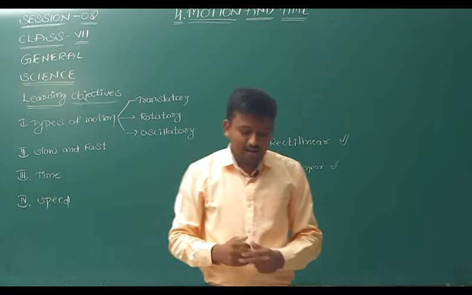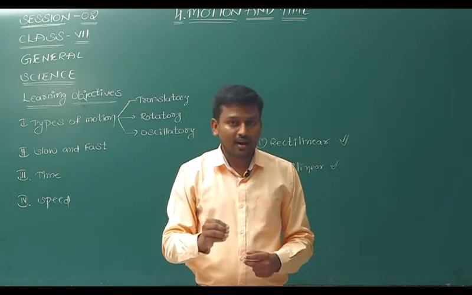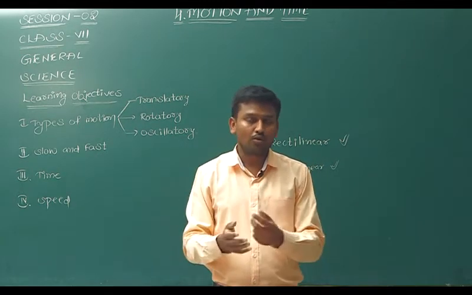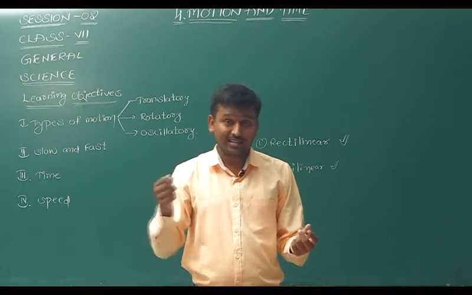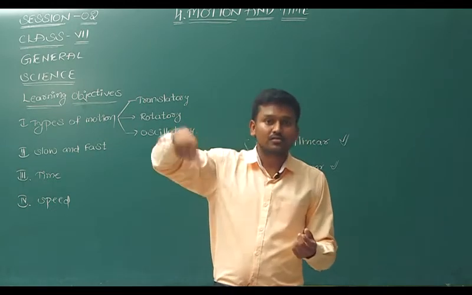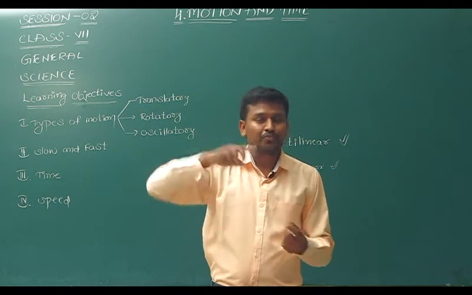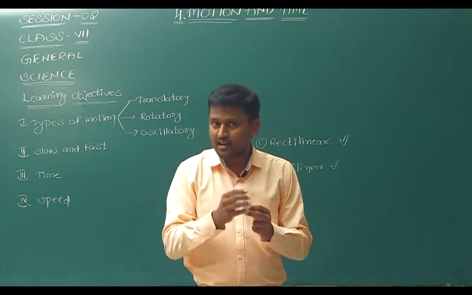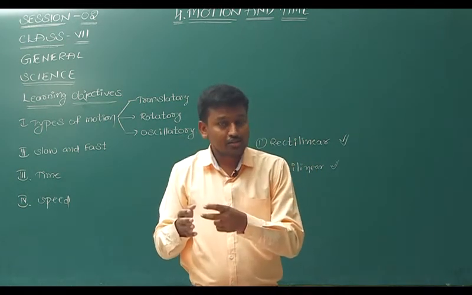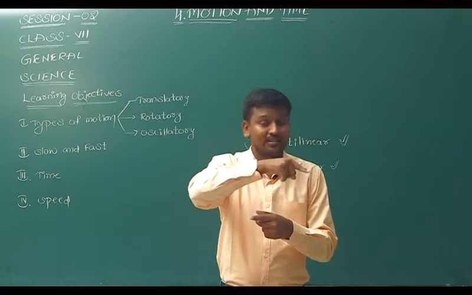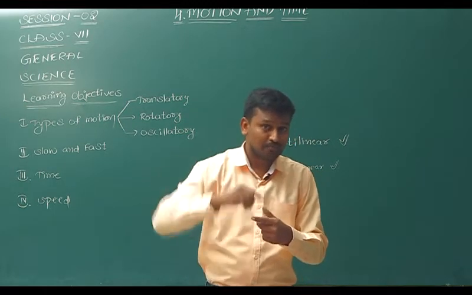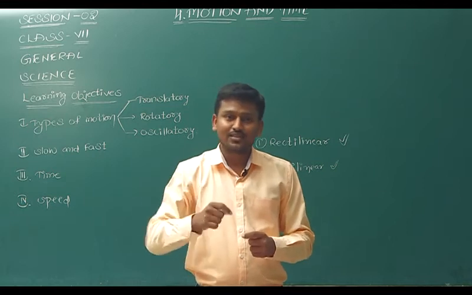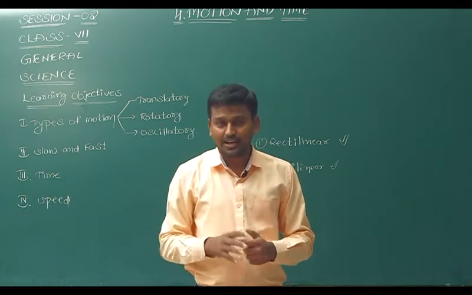And fifth one, running a race along a track. Generally, how are these tracks? They are circular. So, the persons running along a track will also move in a curved path. Then we can classify it as a curvilinear motion.